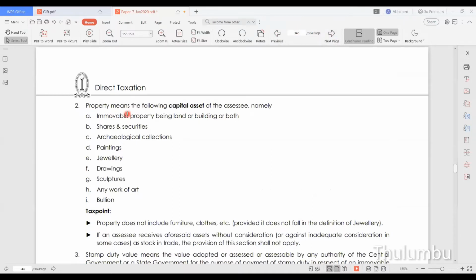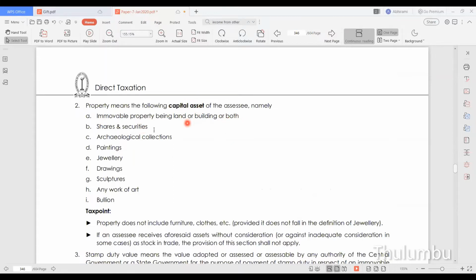Property means the following capital assets of the assessee, namely immovable property being land or building or both. So land or building is considered a capital asset.